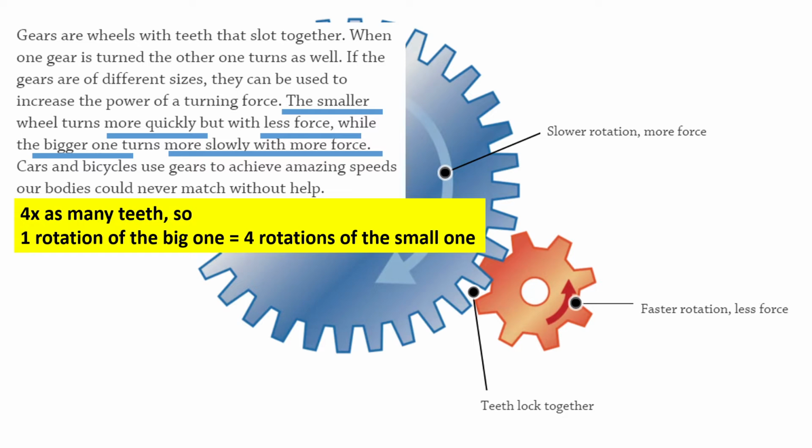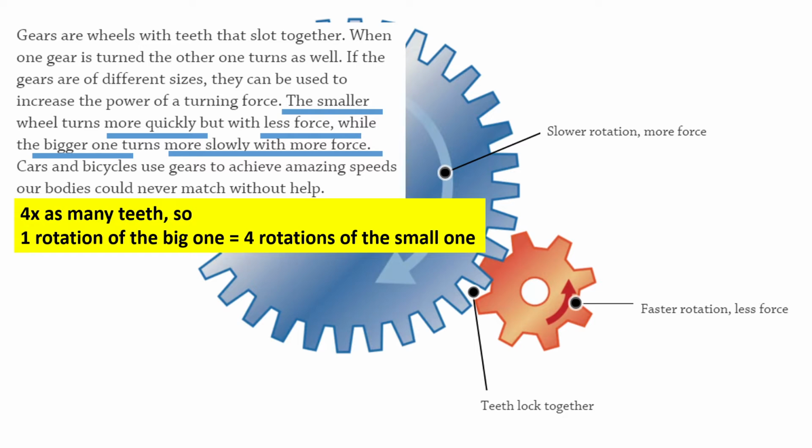All right, so if you look at this gear, there's a large gear and a small gear. Now let's just say that the large gear has 4 times as many teeth as the smaller gear. So if the big one rotates once, then the smaller wheel will rotate 4 times.